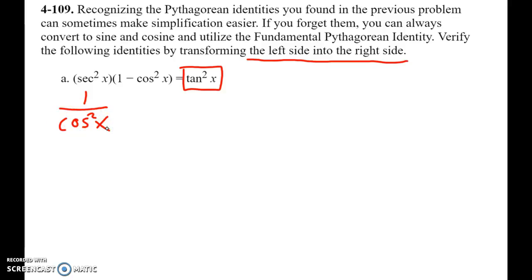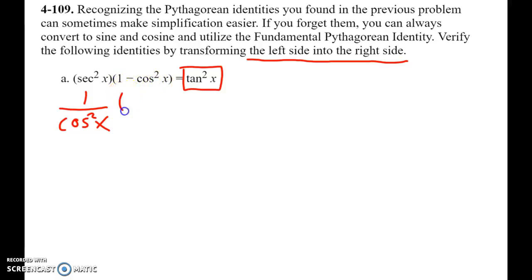And then, because now I've got cosine and cosine, I could distribute this, but I know that if I've got both cosine and sine in a problem, it's getting closer to making a tangent happen, because I know tangent is made of cosine and sine. So I'm going to use a Pythagorean identity to trade out 1 minus cosine squared, because from the Pythagorean identity I know that 1 minus cosine squared is equal to sine squared.